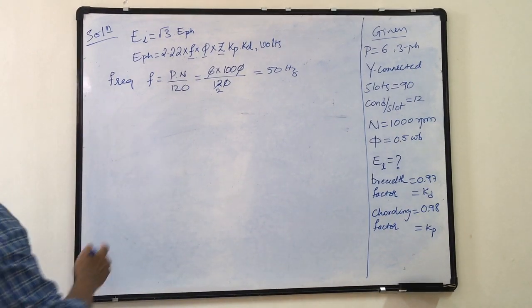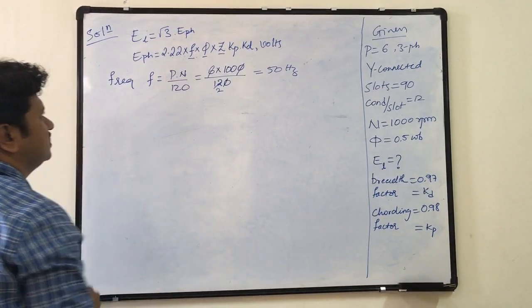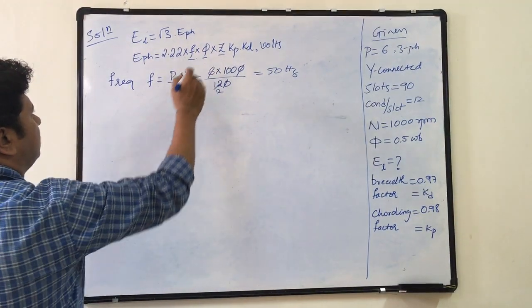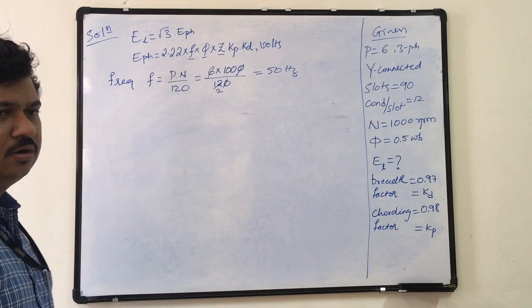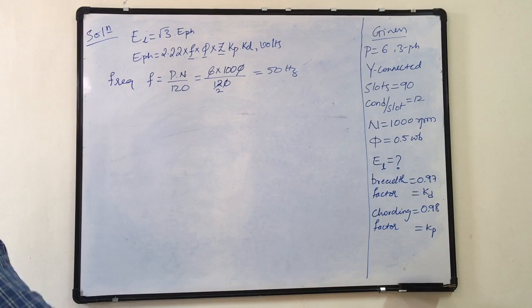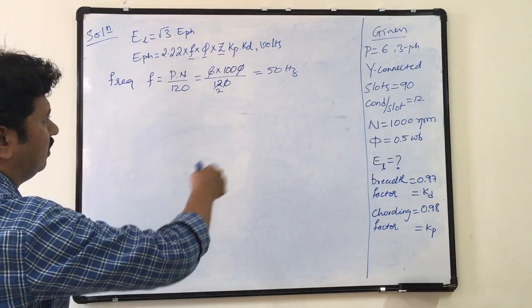Next, I need to find out the number of conductors per phase. Please remember, Z is conductors per phase. This has already been mentioned in the notations when we derived the output equation. So here I have the number of slots.